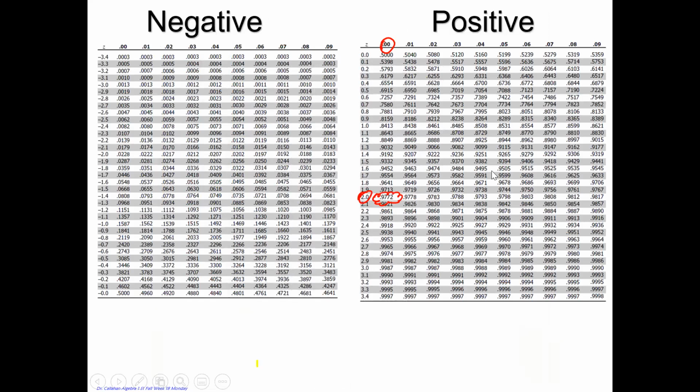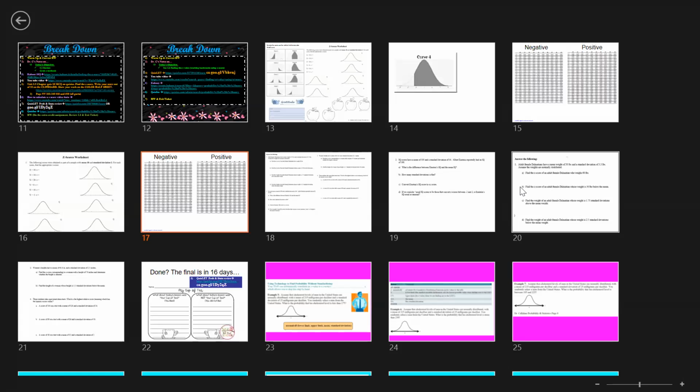Another question that we went over is if I specifically gave you the curve and you were supposed to estimate the z-score and then look it up. Here, this is the mean. This is probably at 1 standard deviation.